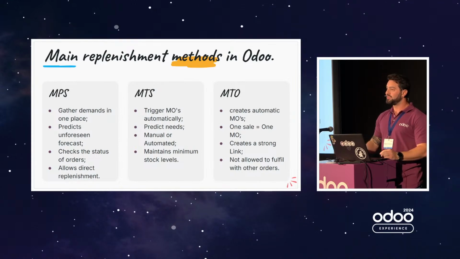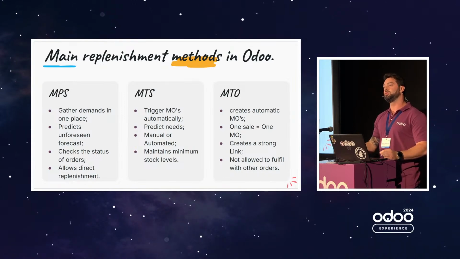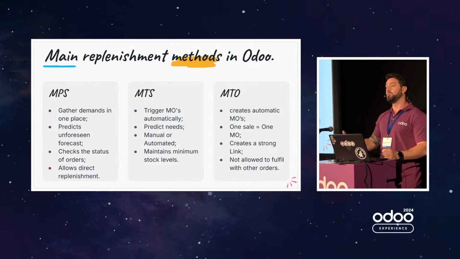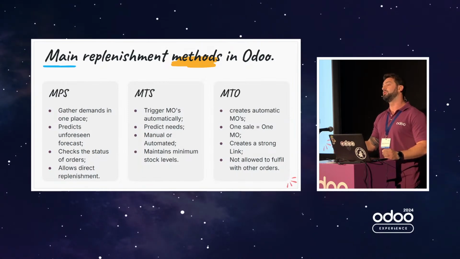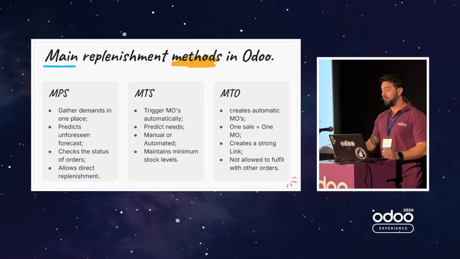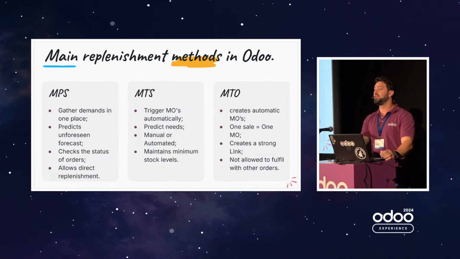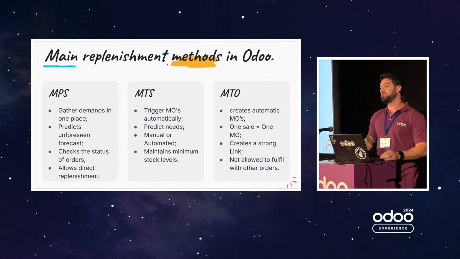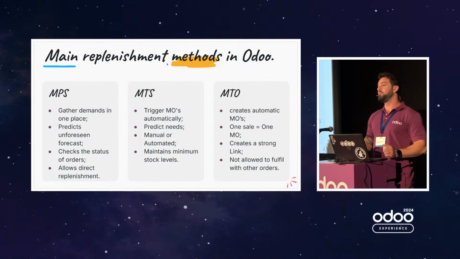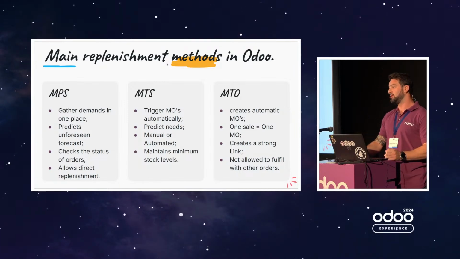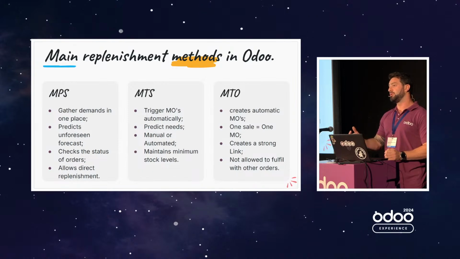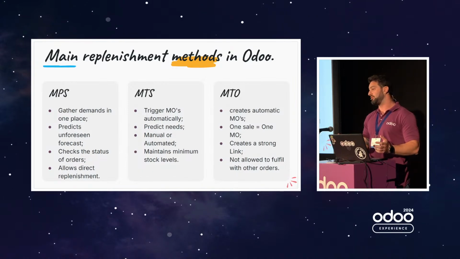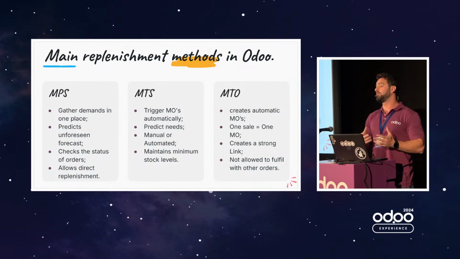So if you have one sale and you confirm it using MTO up to Odoo 17, you would have one purchase order or manufacturing order. In Odoo 17, this created a very strong link between the purchase order and the sales order, which means that before Odoo 18, when you confirmed one sales order, it would generate a manufacturing order for the whole amount of the sales order.